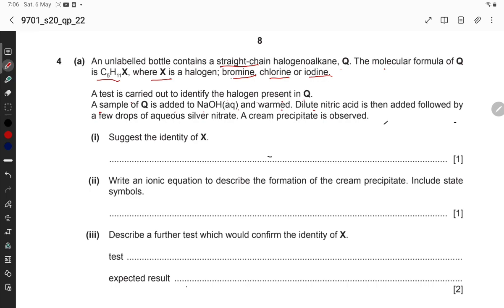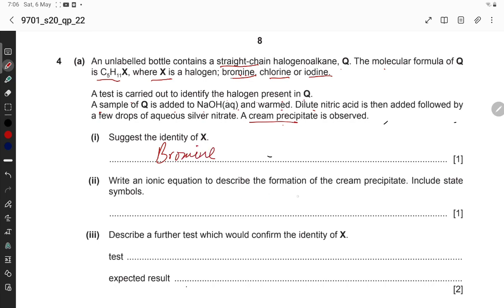Dilute nitric acid is then added, followed by a few drops of aqueous silver nitrate, and a cream precipitate forms. So a creamy precipitate of silver bromide is obtained when silver nitrate is added to this solution. This suggests the identity, because a cream precipitate of silver bromide is formed. So the halogen is bromine.